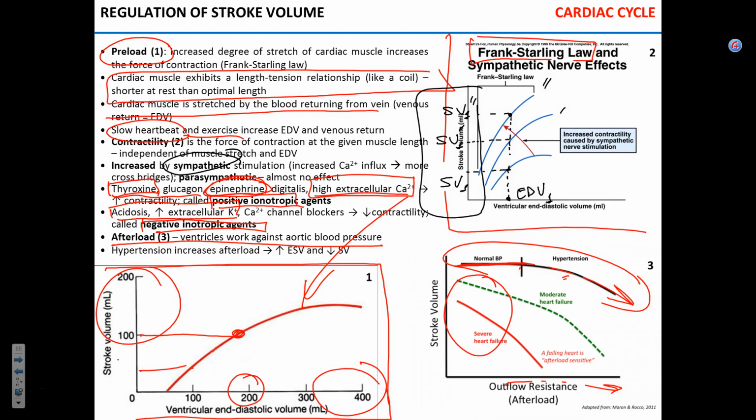Now, which parameter, end systolic volume or end diastolic volume, is affected by afterload specifically? End systolic volume. Very good. Because the resistance to ejection will determine how much blood will be left after the systole. We good?